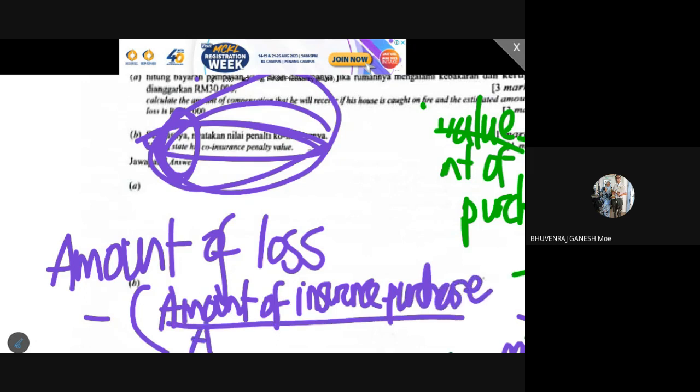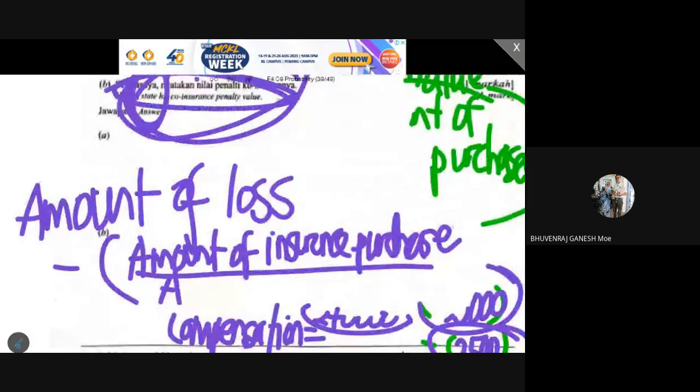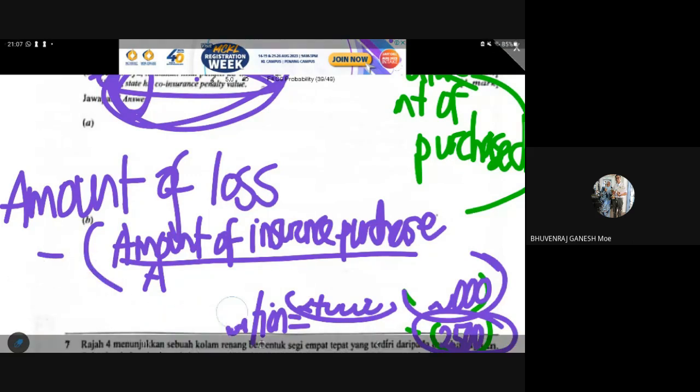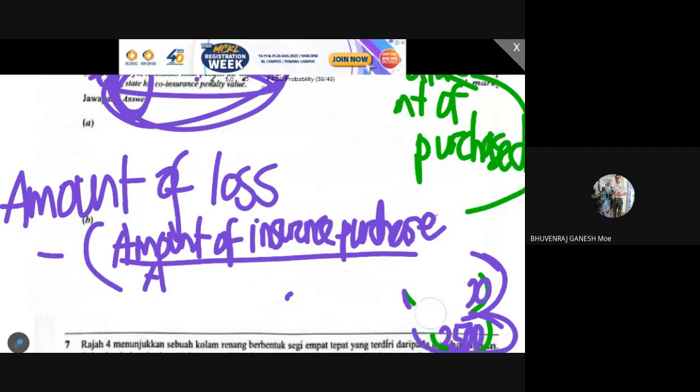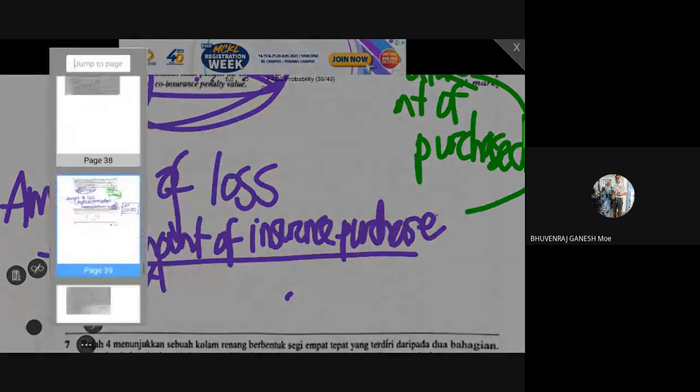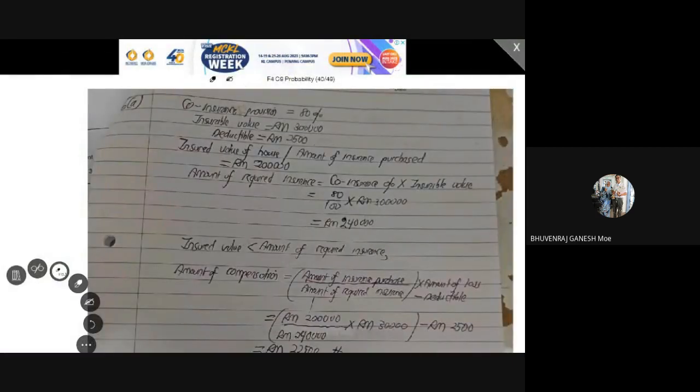As long as tingkatan 5 kat sini tak lupa, so okay. Formula ni tak diberi guys. This formula is not provided in your exam, so you need to know. Actually why am I doing all this? I can just show my solution actually. Saya boleh tunjuk. Just see here guys, easier.